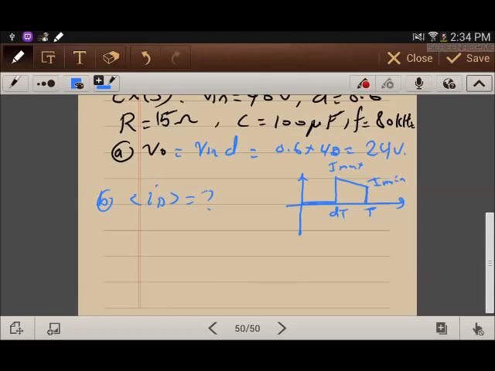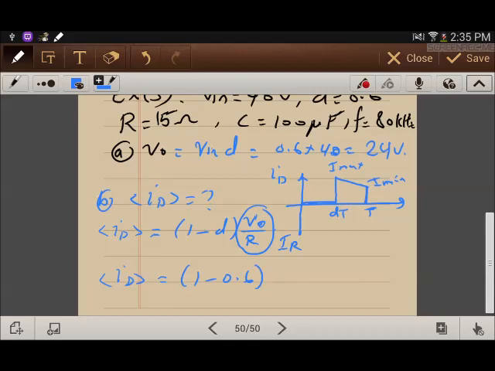If I want to find this current on average, it's going to be (1 minus D) multiplied by V out over R, which is the resistor current. So ID is equal to (1 minus 0.6) multiplied by 24 over 15, which is equal to 0.64 amps.